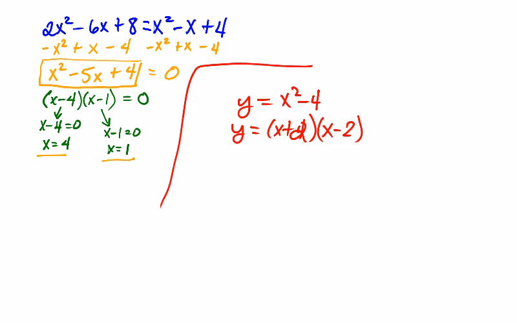When you factor that, it looks like it's in intercept form, and we can state that the x-intercepts are at negative 2, 0 and positive 2, 0. So factoring also helps us find the x-intercepts of a quadratic function.